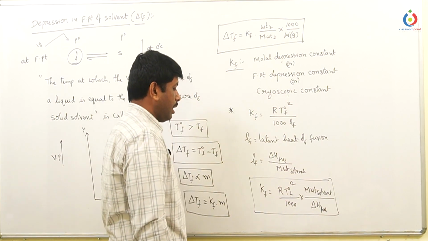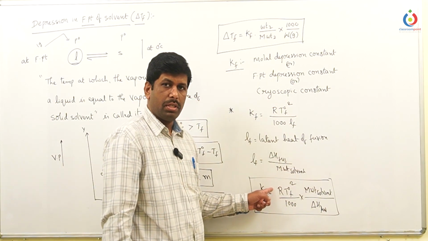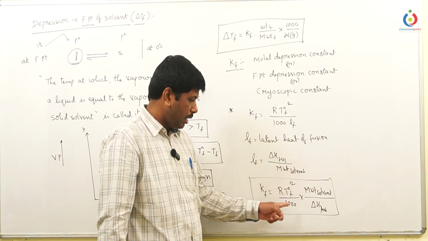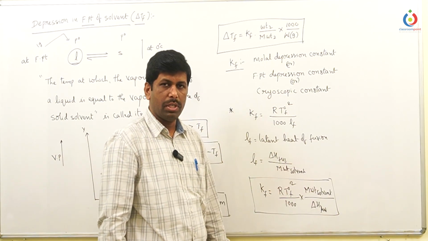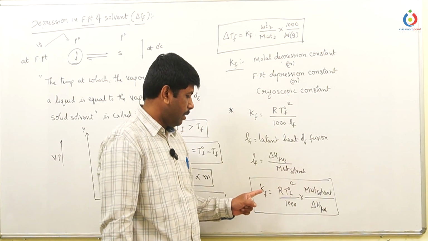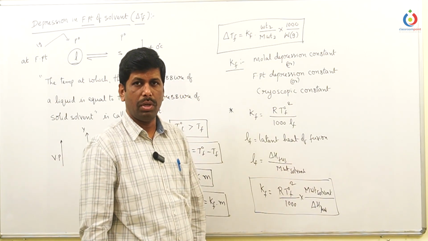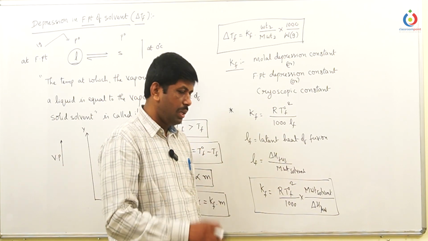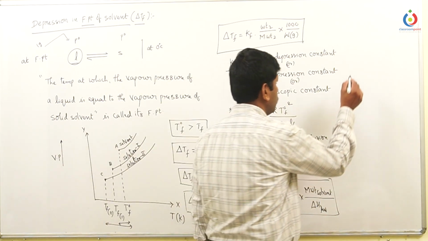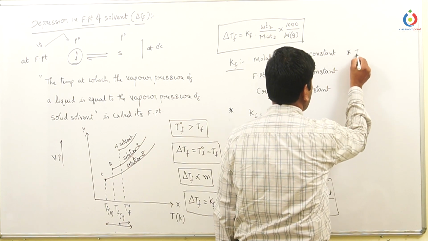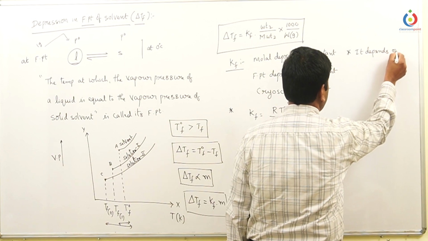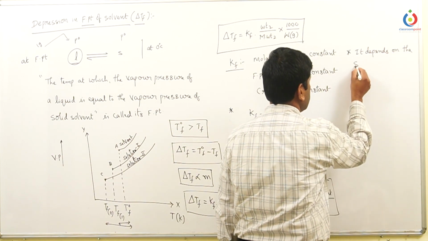Here R, the universal gas constant, is a constant. Freezing point of the solvent is always constant, and 1000 is constant. Enthalpy of fusion of a particular solvent is constant. So the Kf value depends on the molecular mass of the solvent, that means the nature of the solvent. When the solvent changes, automatically the Kf value also changes. So we can write that it depends on the solvent.